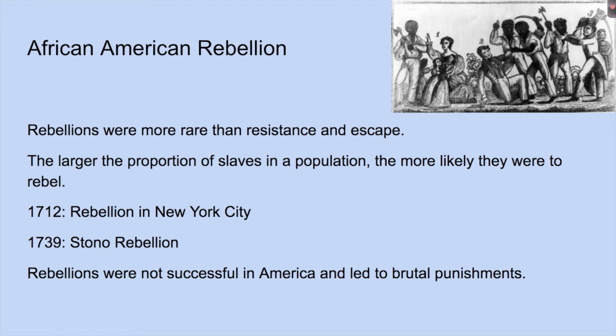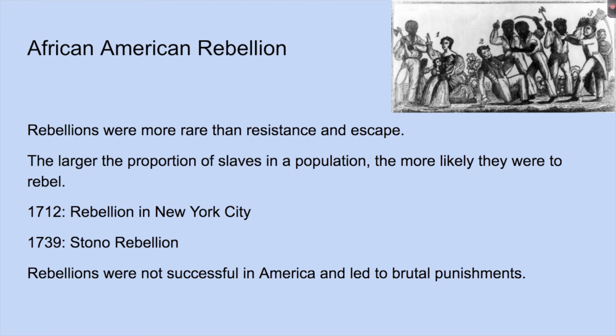Rebellions were even more rare than resistance and escape. The larger the proportion of slaves in a population, the more likely they were to rebel. They had a chance to gather and discuss and make plans. So the areas around South Carolina, where 90% were slaves, might have a higher chance of rebellion than, say, up in New England.